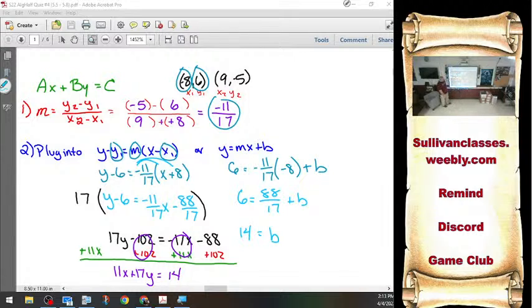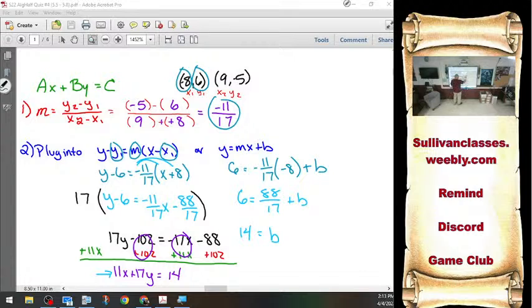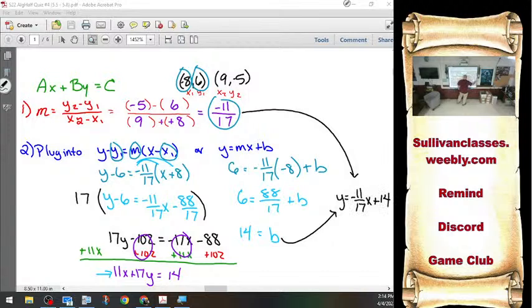The problem with that is you have to still put it in this form. You're still going to need to take your slope and your y-intercept, oh, 14/17. There we go. I'm just so used to doing it this way.